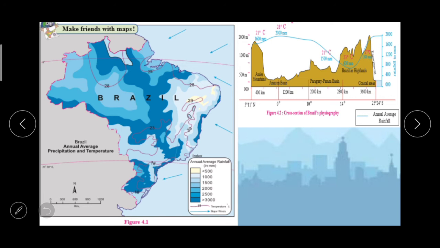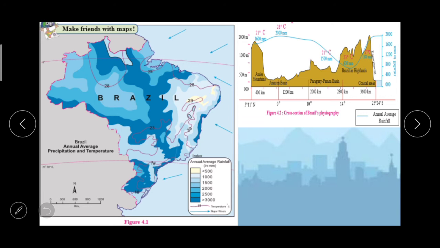Considering the latitudinal extent of Brazil, where will you find temperate climate in Brazil? Describe the winds blowing between 0 degree to 5 degree north and south zones. And the last one, which method has been used to show distribution in this map?